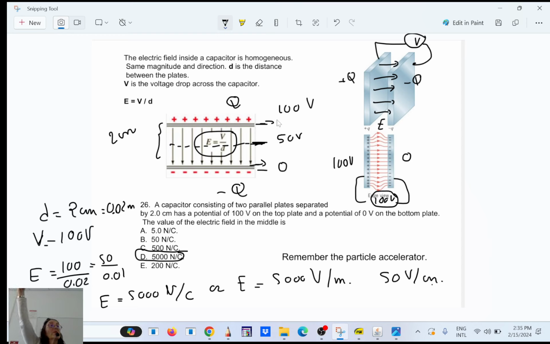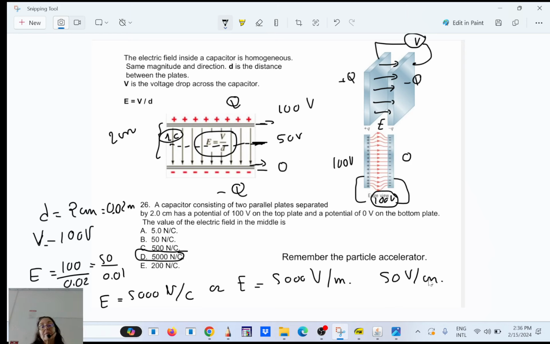So remember, a voltage, you can think of that as altitude. You start with 100 volt and boom, there is a drop of 100 volt. The electric field, you have two ways to look at it. You can say that it will be a force. If you have 1 coulomb of charge inside, it will be acted upon by a force of 5,000 Newton, because that's the definition. Or you can think of the electric field as a way to find out by how much the voltage decreases for every step.